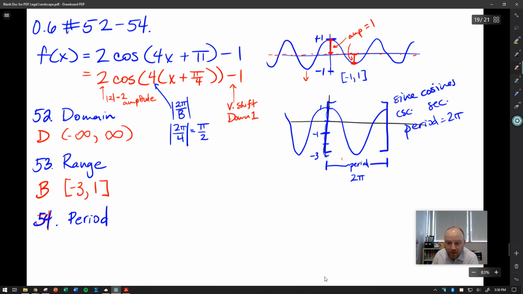So it's actually going to happen from like here to here. It's going to be real compacted along the x-axis. And if we say our period is pi over 2, that is going to translate to answer choice D on 54. So that's everything there, and I hope that it helps out.